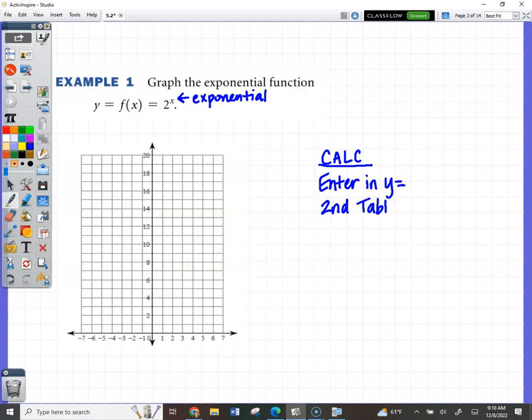It's just TBL set. Check your table set. Make sure that it's not something crazy. And we do want everything to be on auto. Remember that shortcut we did, that one problem, and we changed it to ask? We need to go back to auto now, because then it's just going to generate the list. So then you would do second table.